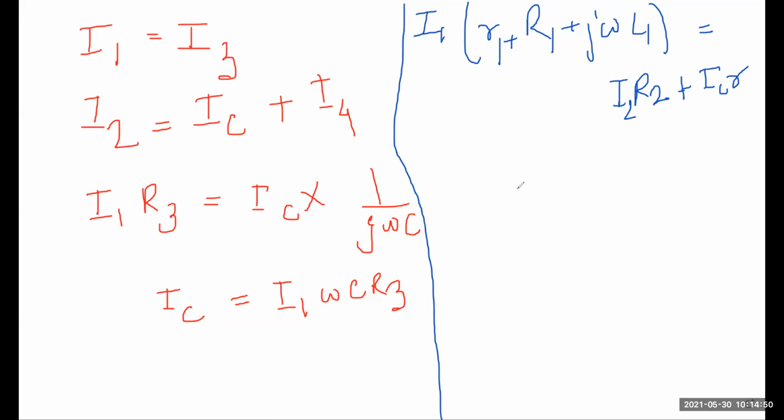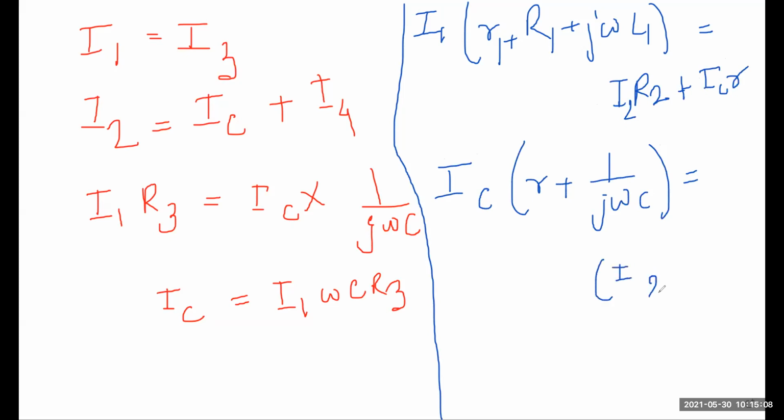So I can write this as IC in bracket R plus 1 by j omega C, that will be equal to I2 minus IC R4.